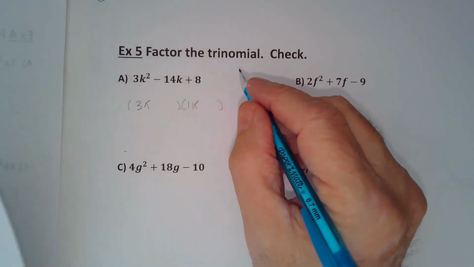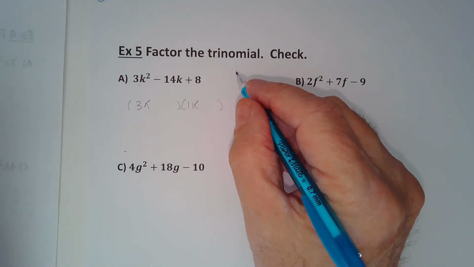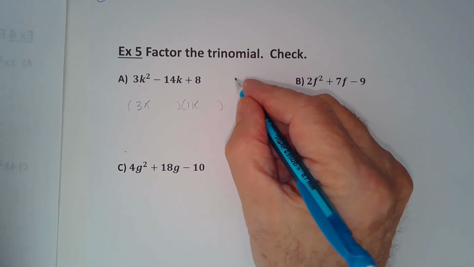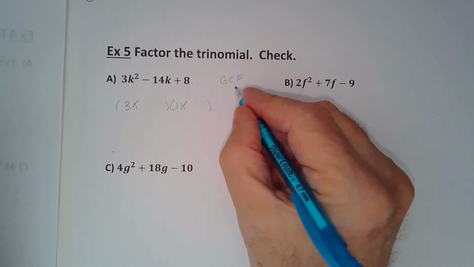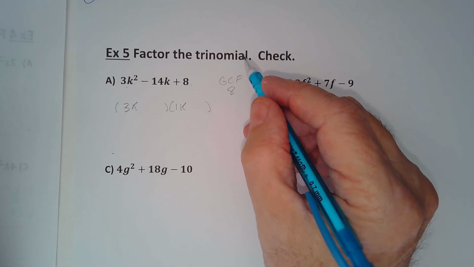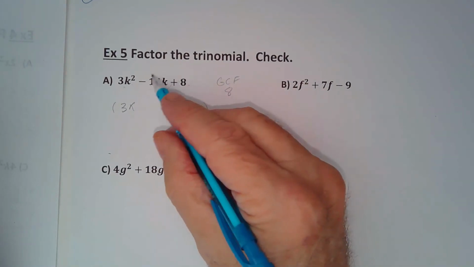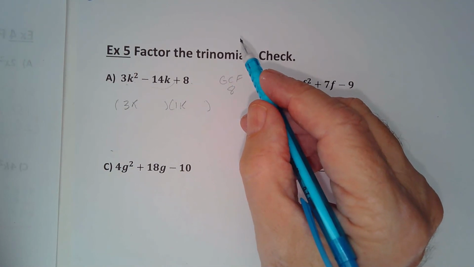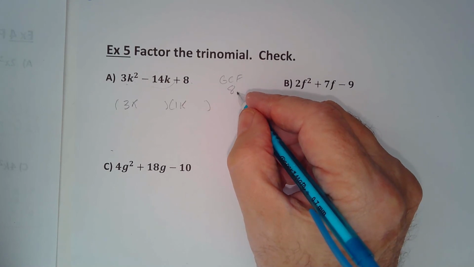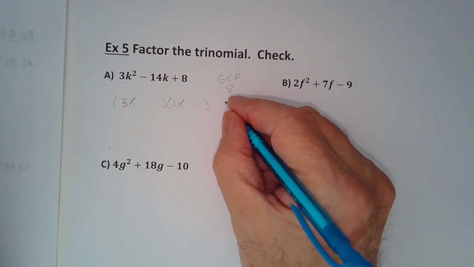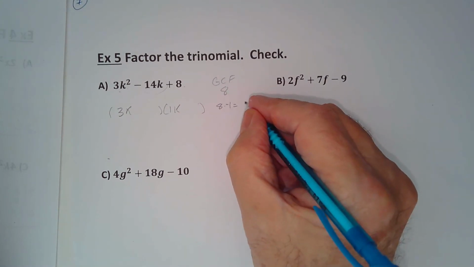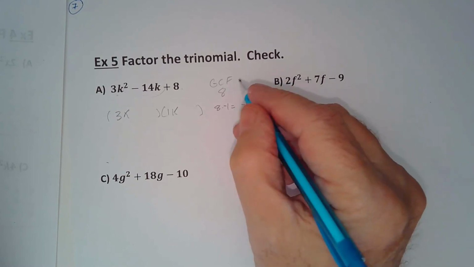Now I want to come up with factors for 8, and when I multiply those together, I've got to come up with whatever this negative 14k is. 8 times negative 1 is negative 8.